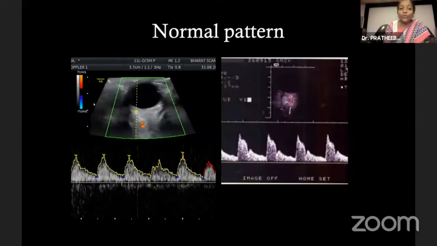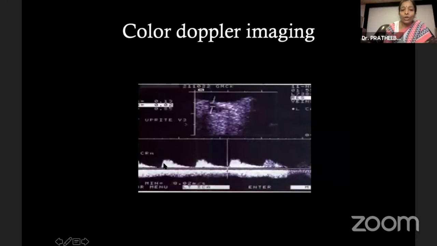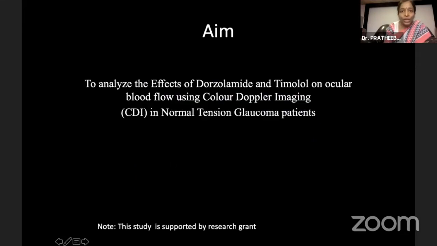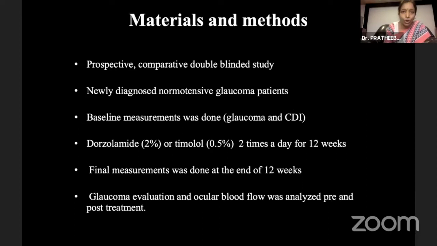This is the picture of the color Doppler imaging, which shows a peak and a trough. This is a picture of a glaucomatous eye, wherein the peak is blunted, and the resistive index seems to be high in this patient. So with this background, we aim to analyze the effects of dorzolamide and timolol on ocular blood flow with color Doppler imaging in normal tension glaucoma.